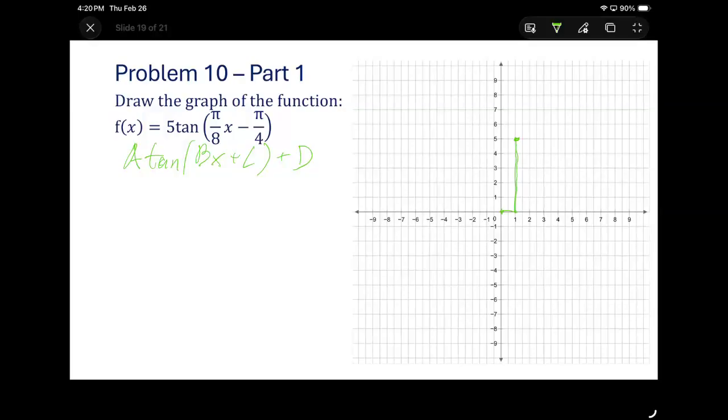We have no vertical shift. So we know our amplitude is 5. Then we can find our period, that is 2 pi over 8, or 2 pi times 8 pi, which is 16.